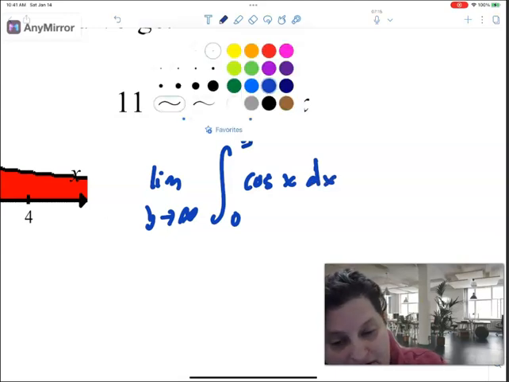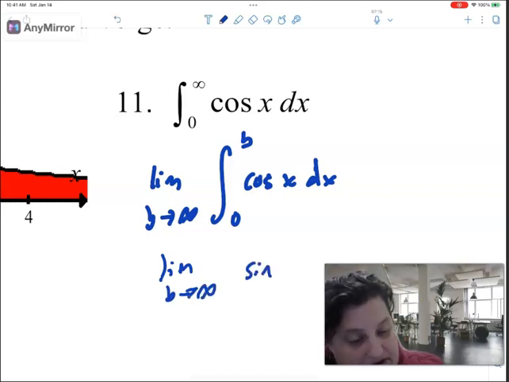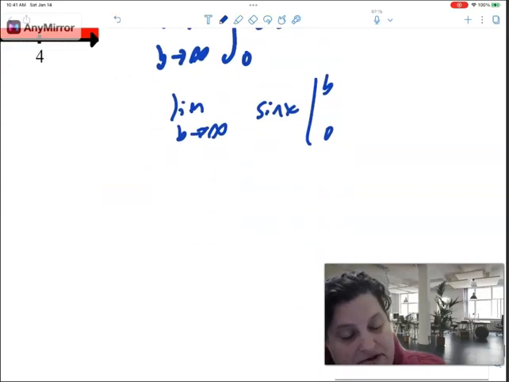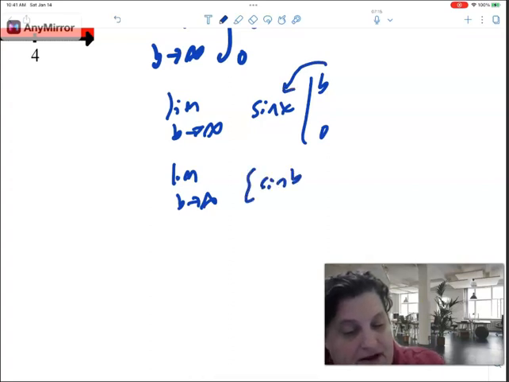Now I can actually do this. The limit as b approaches infinity, the integral of cosine is sine, evaluated from 0 to b. And in here I end up getting sine b minus sine 0.